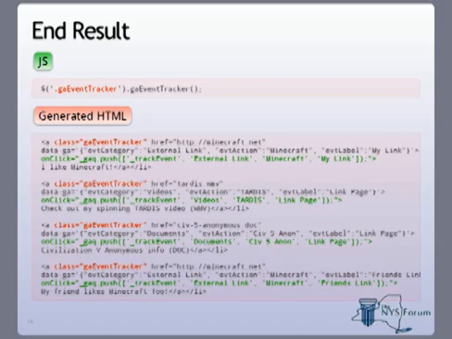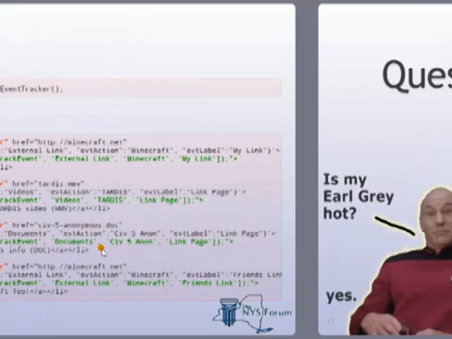We call our plugin by calling .GA event tracker in our jQuery call on them. It takes the data GA attribute that we have all of our stuff set to, so our event category, our event action, our event label, and it creates Google Analytics compatible code that Google Analytics really likes and will give us the output that I showed you earlier.